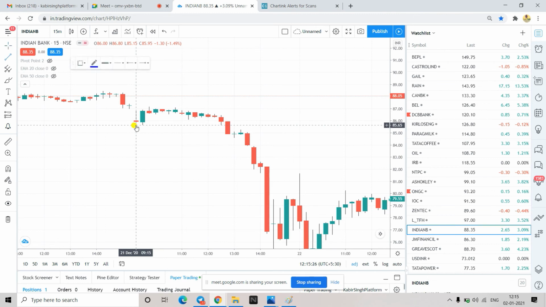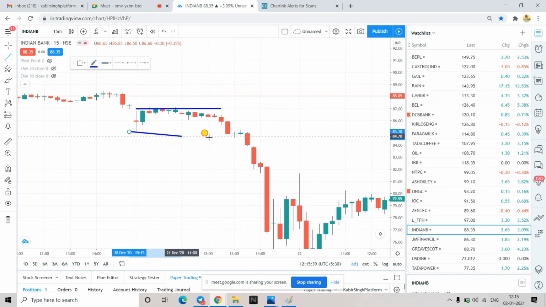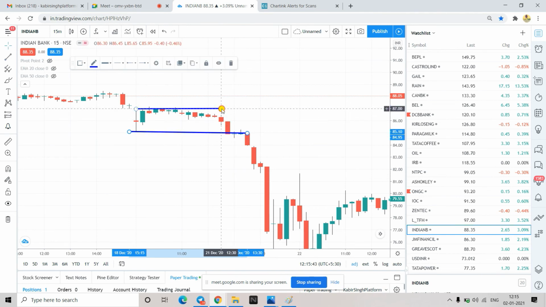Once you see it here, this is the open range, the first 15 minutes candle. In between, you see small candles getting formed at the top level of this range, but no candle is able to give a strong closing.